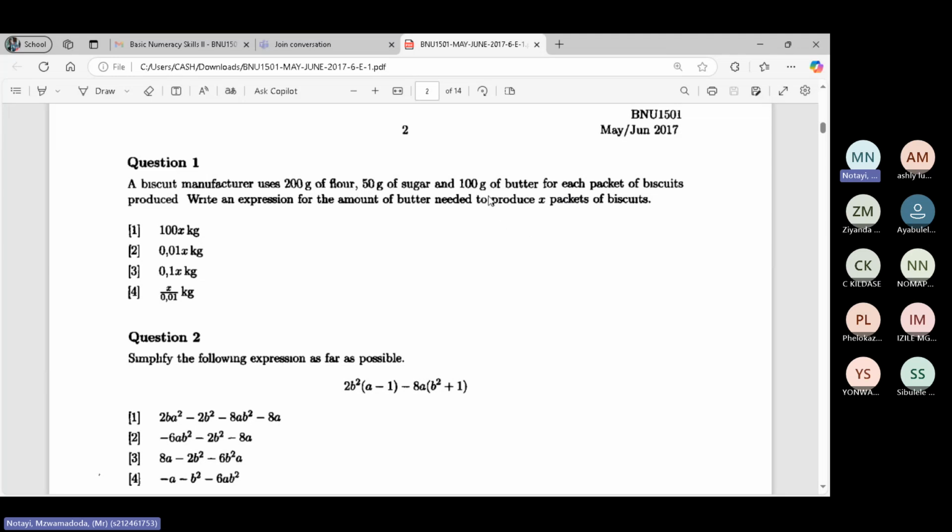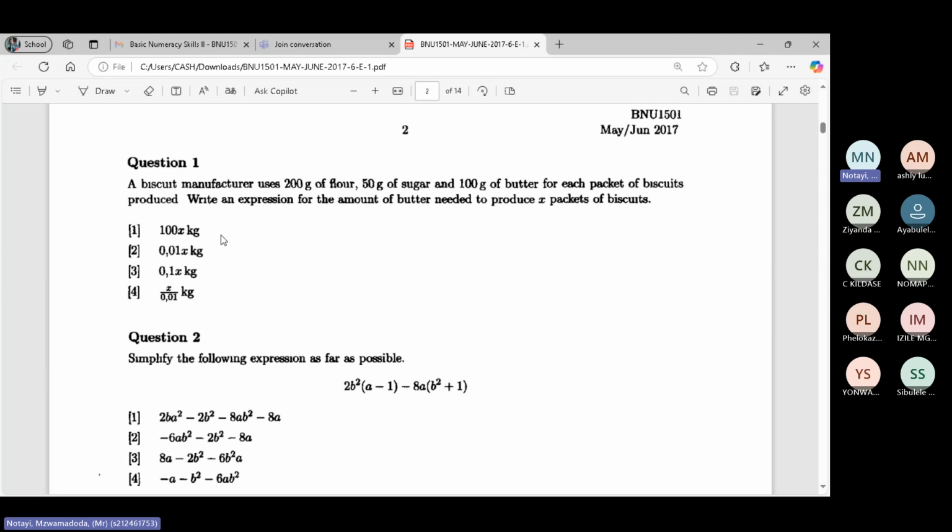So it's 100 grams multiplied by X, so 100X grams, not 100X kg. We see that everything in those options is in kgs, but we are given grams. So we have to convert the grams.